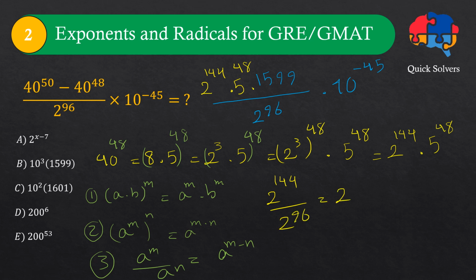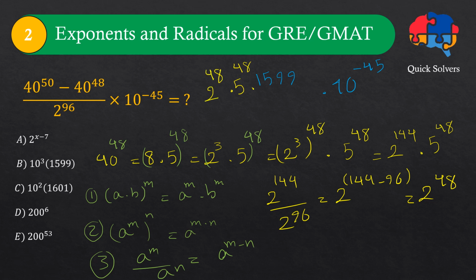This equals 2 to the power of 144 minus 96, which is 2 to the power of 48, not 50. Oh, this is good then. That means I can get rid of this and replace this by 2 to the power of 48. Well, this is very good.